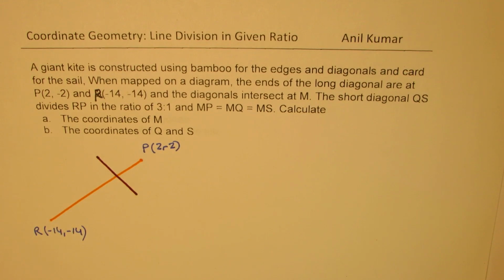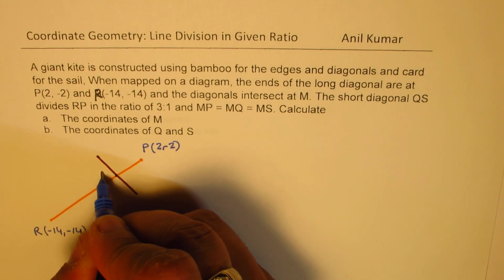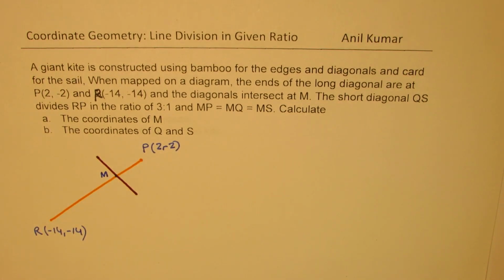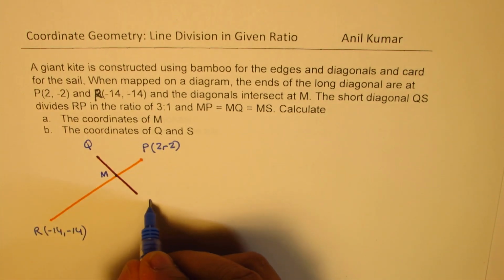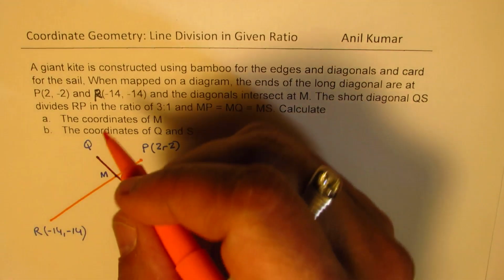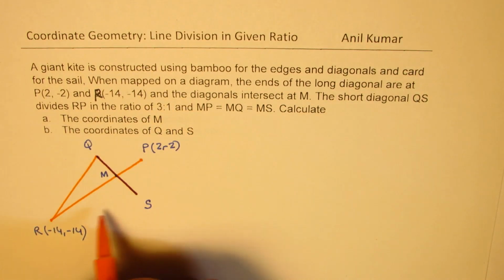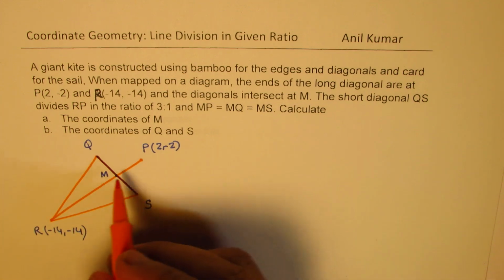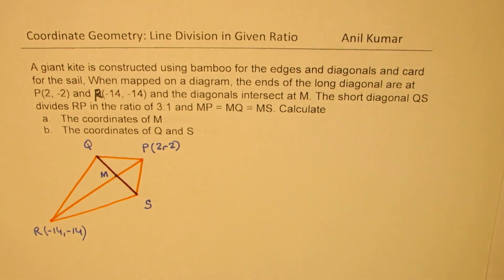That says that the diagonal intersects at M. So this point right there is M. And P, Q, R, and S. So that becomes the kite. Let's complete this kite. Clear? So that's the kite which we have.